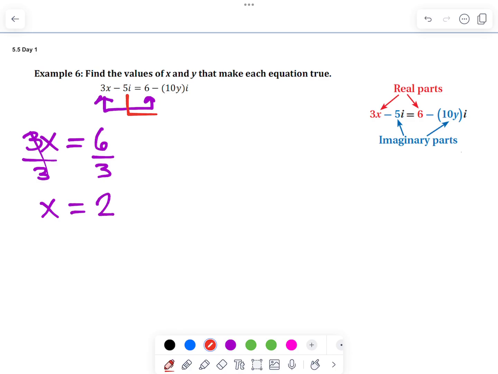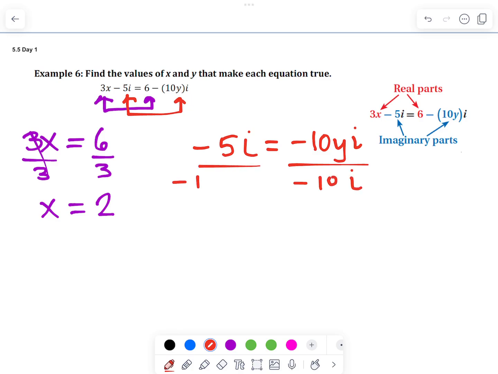The imaginary pieces are the ones that have the i's in them. So -5i equals -10yi. And then we solve that one for y. So we want to undo the -10 and the i on the right, and then divide both sides by -10i.